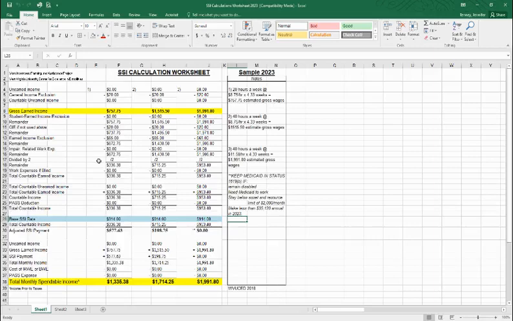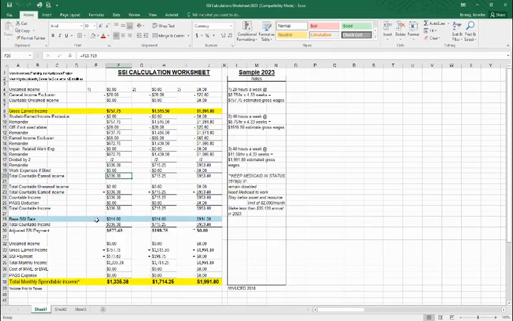So we divide by 2, and if we hop to the bottom of that first long column, we see that our total countable earned income is $336.38. It's not what you actually made of $757.75, but what Social Security counts as your countable earnings of $336.38. We're going to skip the next set of numbers and go straight to the bottom.